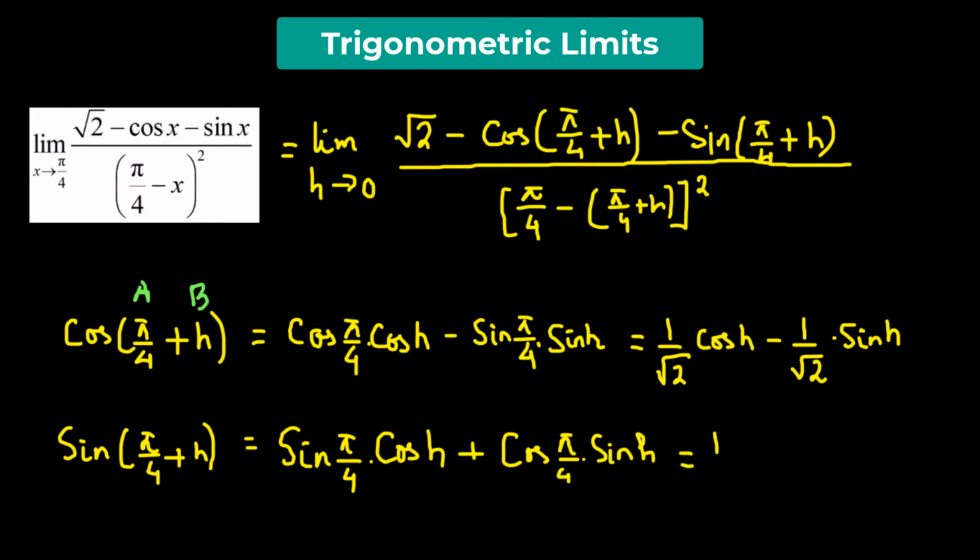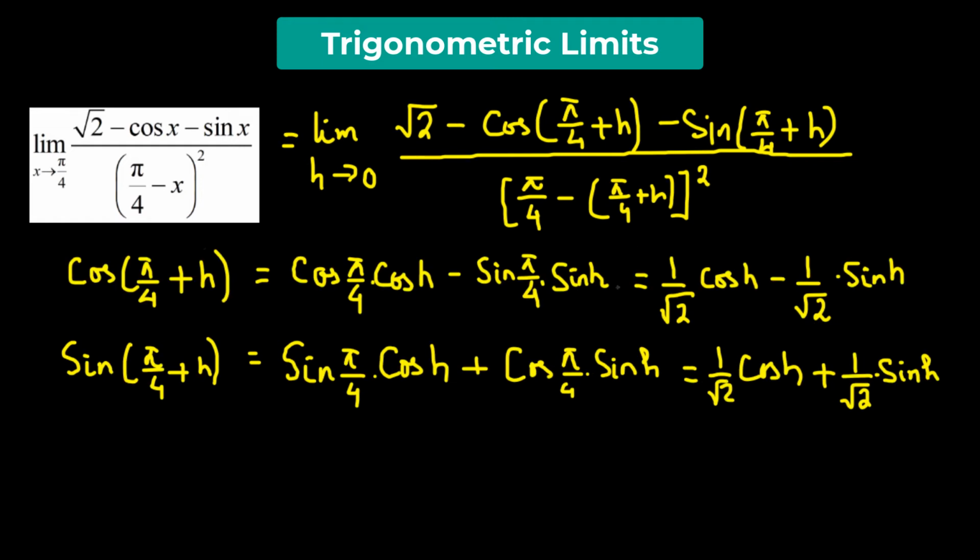So that gives us 1 over root 2 times cosine of h plus 1 over root 2 times sine h. Now we're going to substitute this value into the numerator.